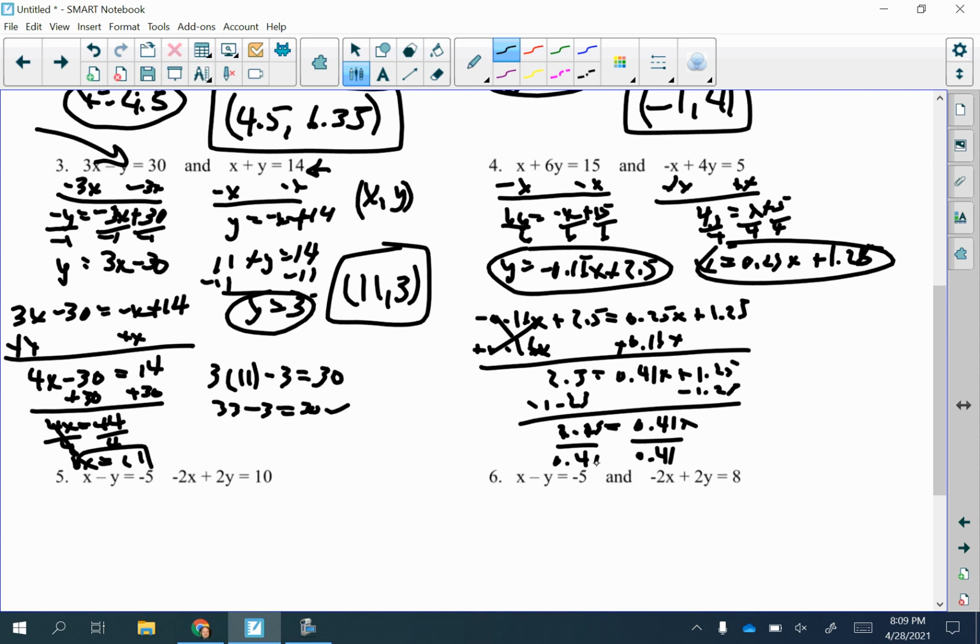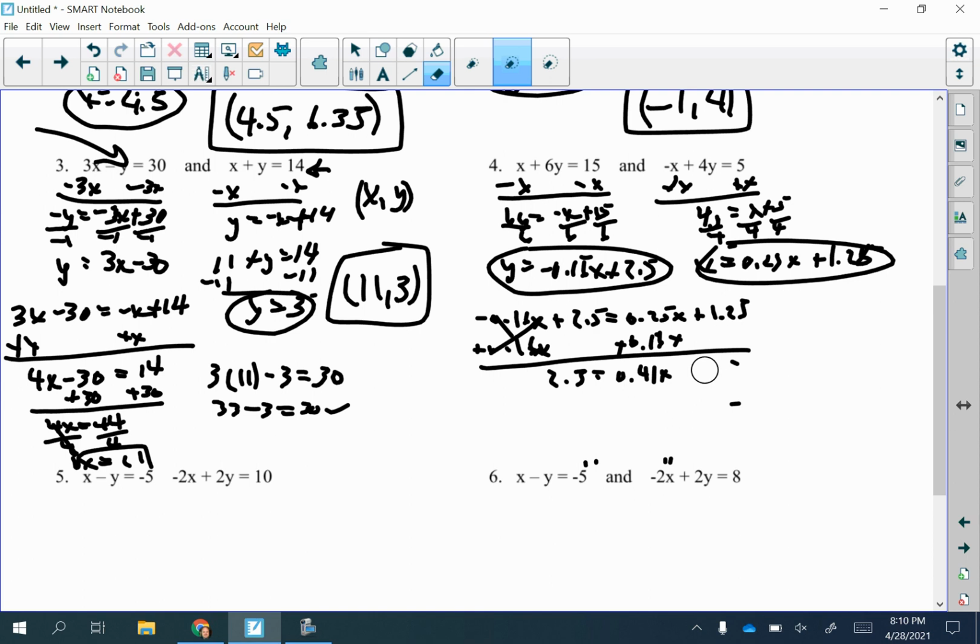I know what I did wrong. This is 0.16 repeating. So let's see if when I add 0.25 plus 0.1 and I put a bunch of 6's in, that might make a little bit of difference. I apologize, folks, going to change our answer just a little bit. So this becomes 0.416 repeating x plus 1.25.